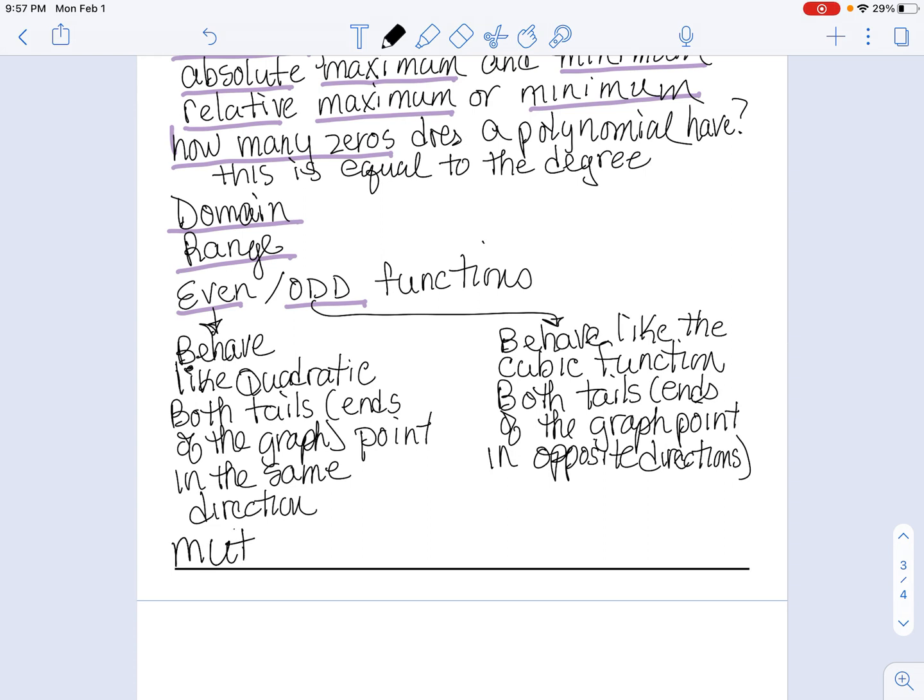And then the very last part was the multiplicity. And that is going to come later on. Multiplicity of a zero. And the only thing that I referenced in these notes was that visually on a graph, the multiplicity is seen as a bounce or a turning point.